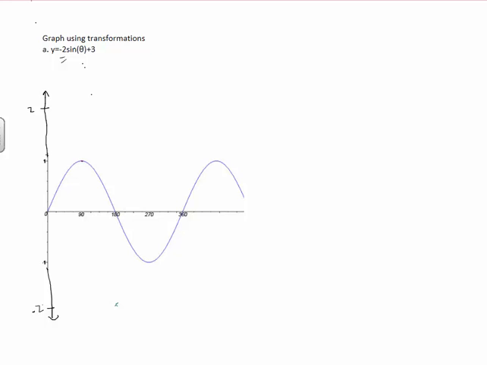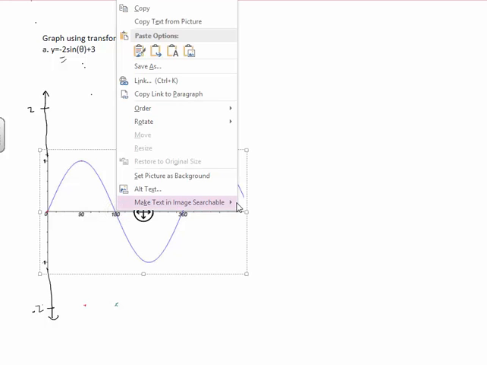So you can tell our key point here at (90, 1), if we take the y value of 1 and multiply it by negative 2, it's now going to be down here. Our points at 0 stay at 0. Anything times 0 is just 0.